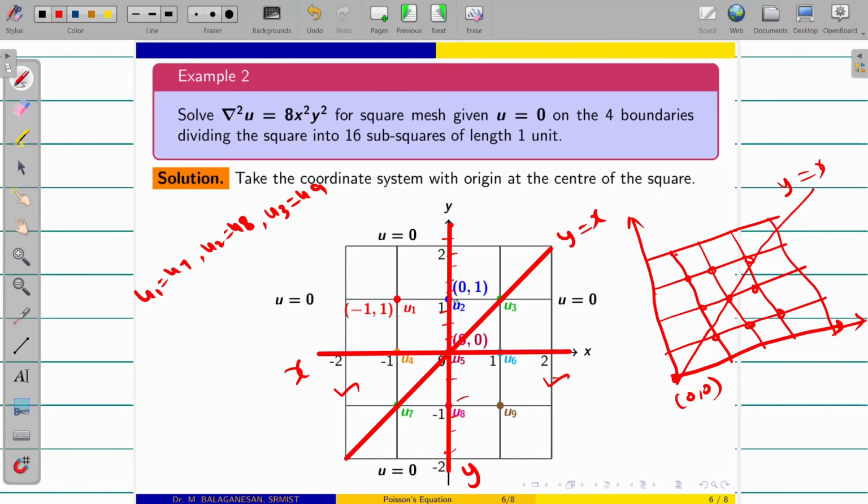What will happen? u1 equivalent to u3, u4 equivalent to u6, u7 equivalent to u9. Clear? Then the y equal to x line: if you fold along this line, what will happen?